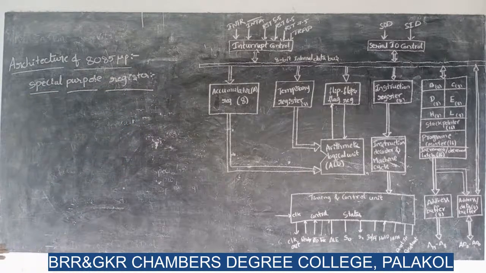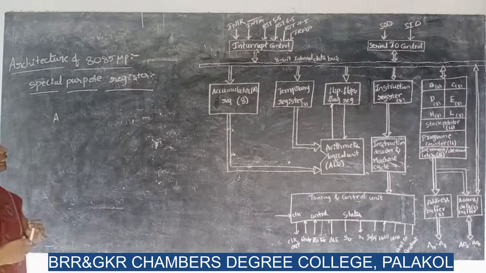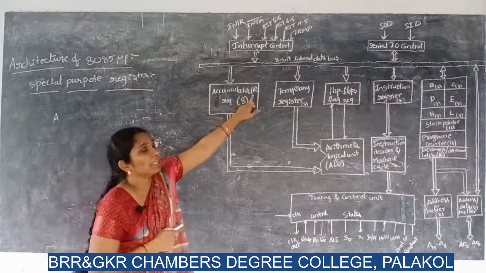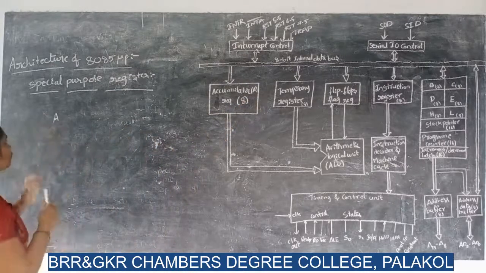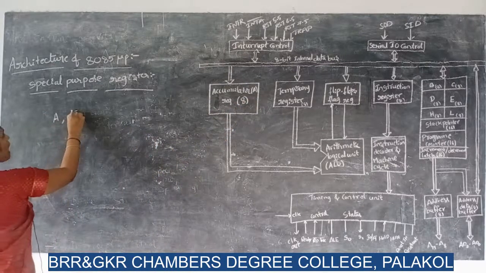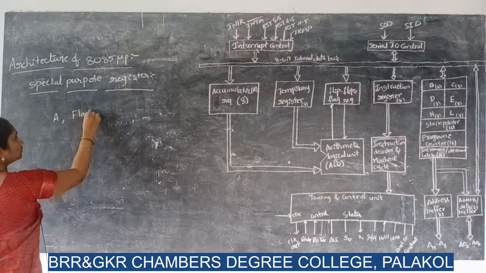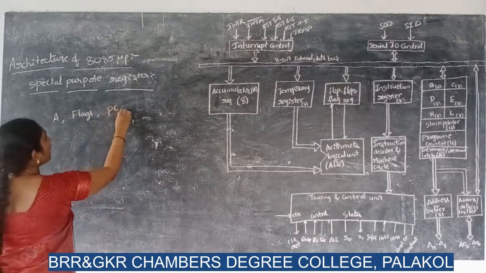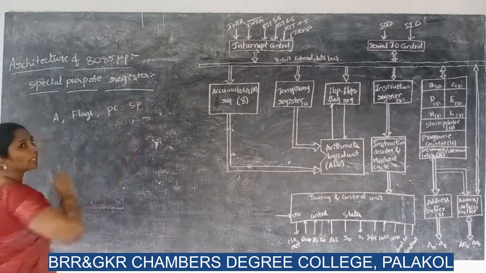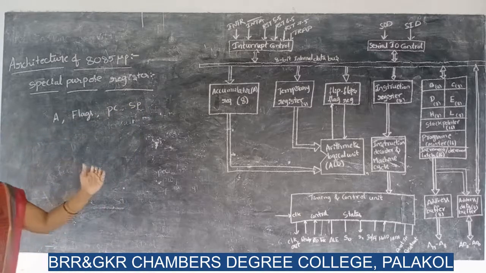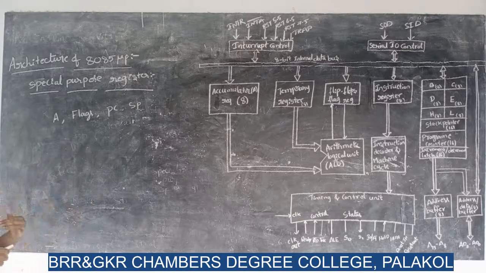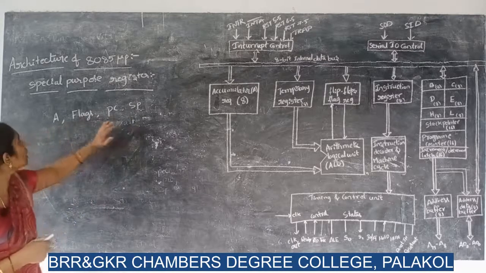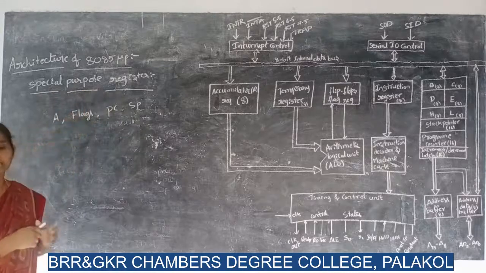The special purpose registers are the accumulator, which is denoted with capital A, and next the flags. After that, the program counter and the stack pointer. The increment and decrement latch is also a special purpose register. So these all are special purpose registers.